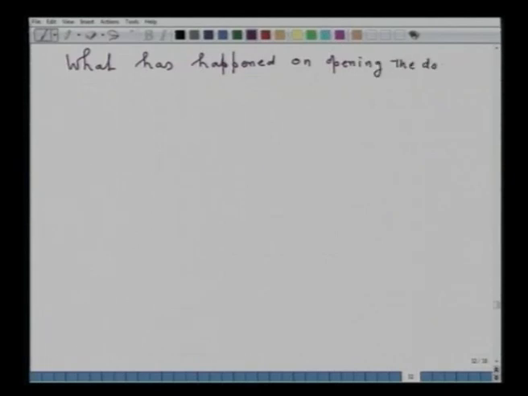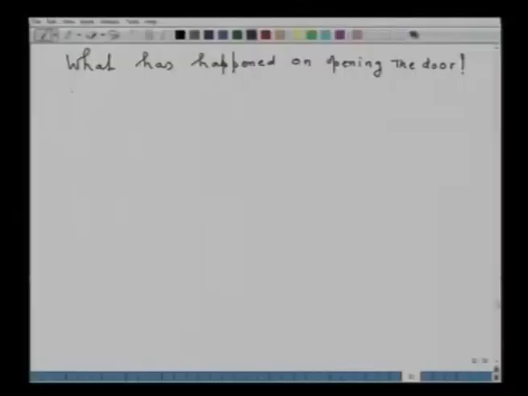He has not changed the burner adjustment or the firing rate. Everything was similar to earlier, yet he sees that the analysis has changed. So he wants to know what has happened on opening the door, and why the analysis is changed.